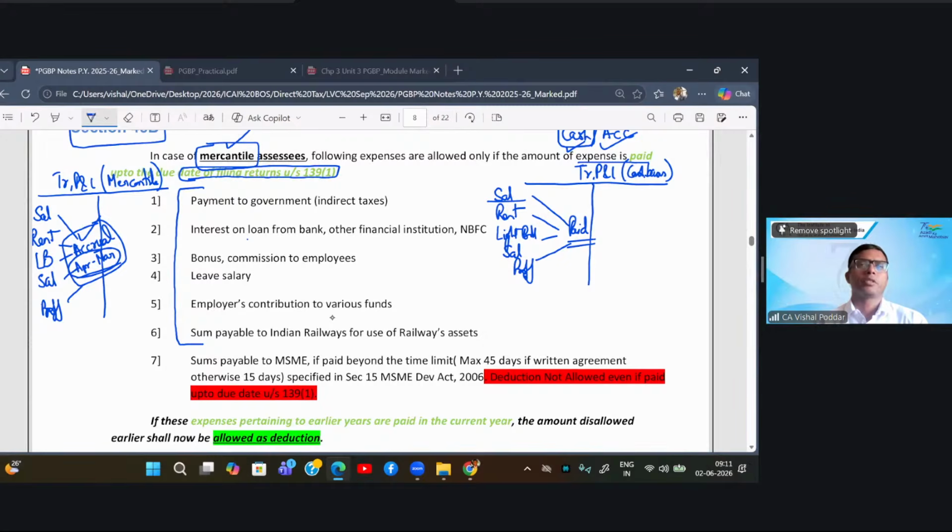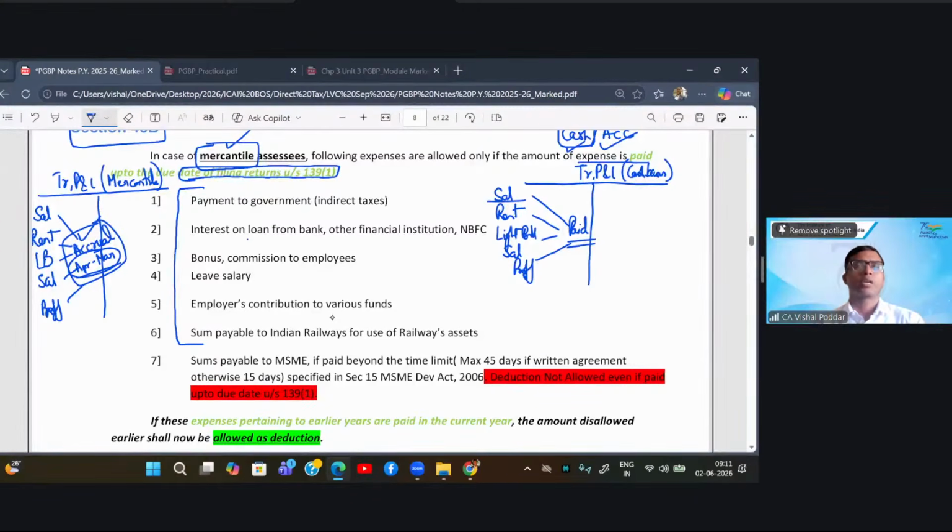If these amounts 1 to 6 are outstanding even up to the due date of filing returns, then they will be disallowed. So for all these payments which are listed here, we will not allow deduction only because they are accrued, they are due.